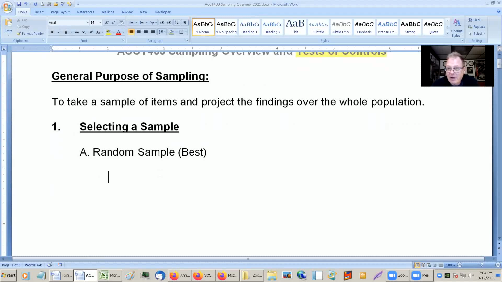What is so great about a random sample? It's easier and it doesn't consume a lot of time. It's not time wasting because you just have to pick the sample. Yeah, it's true. But why do we want it to be random?